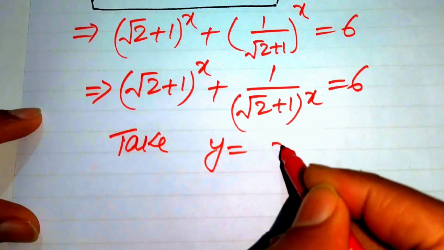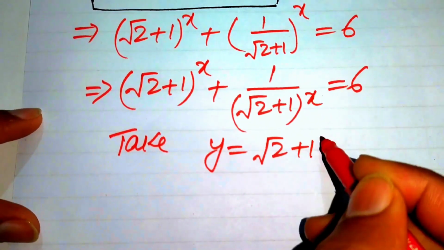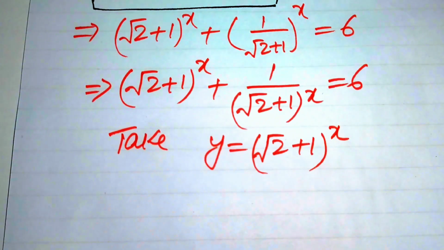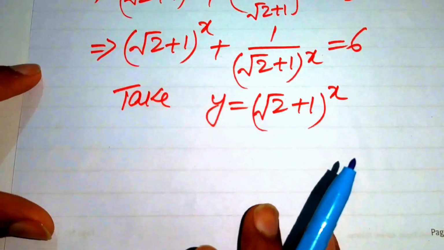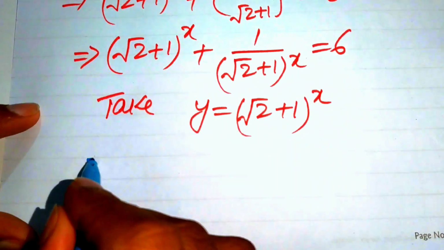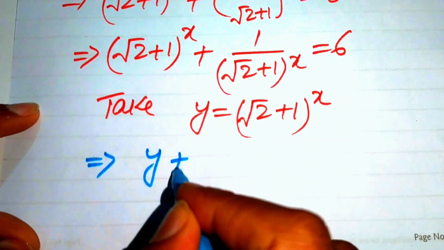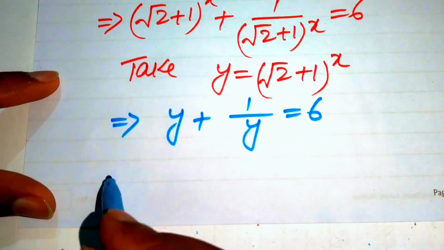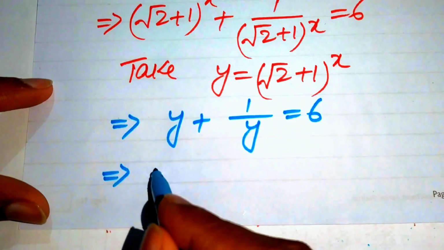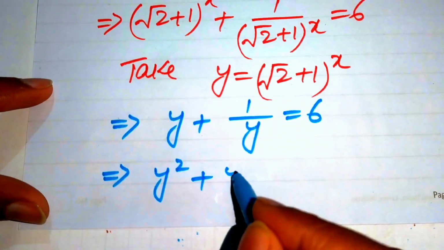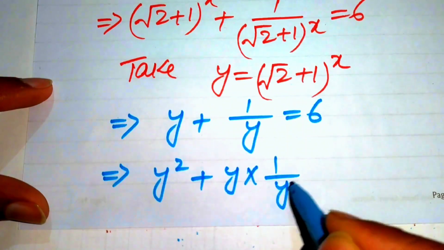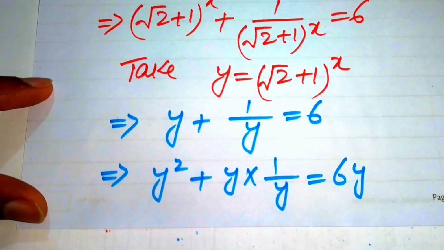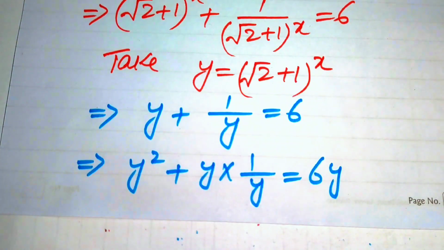So after that, here we take y equals (square root of 2 plus 1) to the power x. When we substitute this value in the above equation, our equation becomes y plus 1 over y equals 6. So here we multiply both sides by y, then you get y square plus y multiplied by 1 over y equals 6 times y.